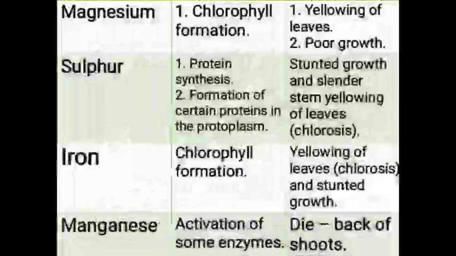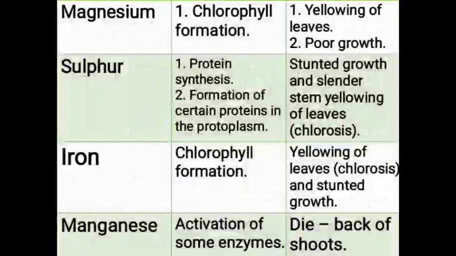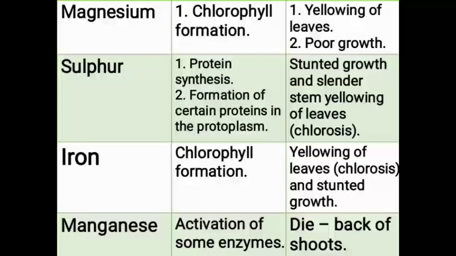We also have magnesium. Magnesium helps in chlorophyll formation. Remember, we said before that chlorophyll is the green pigment of plants. Okay, now the deficiency of magnesium leads to yellowing of leaves and poor growth. We also have sulfur. It helps in protein synthesis, formation of certain proteins in the protoplasm.